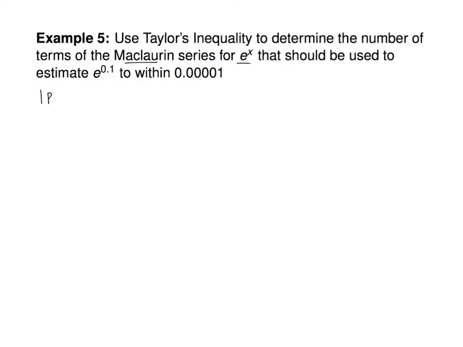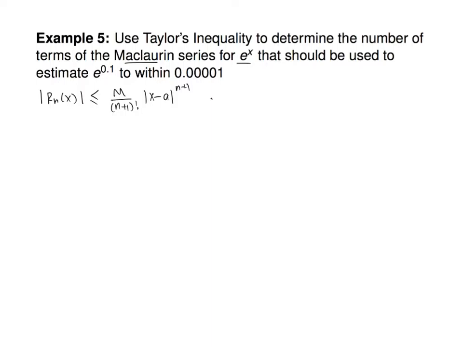So we have Rn of x is less than or equal to the absolute value of M over n plus 1 factorial times x minus a to the n plus 1.